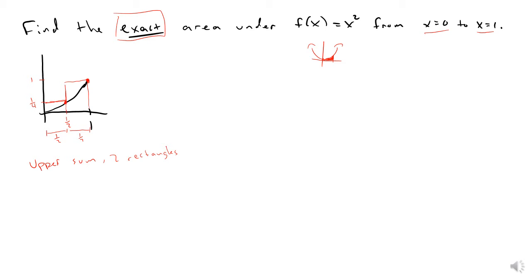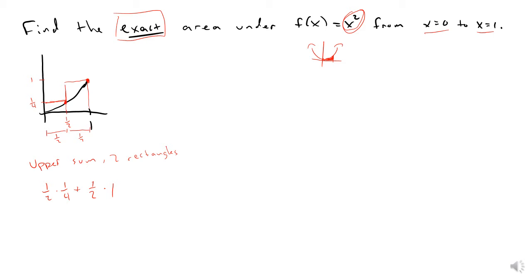Right, because we just square our x values, we're doing the function x squared. All right, so I would have 1/2 times 1/4, that's base times height for my first rectangle, plus 1/2 times 1, that's base times height for my second rectangle, and that gives me my upper sum for two rectangles.